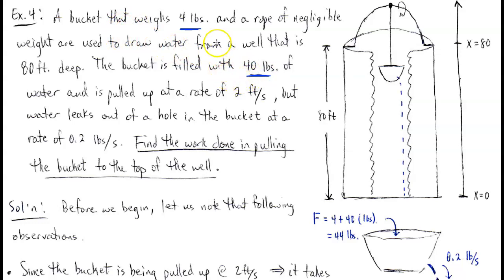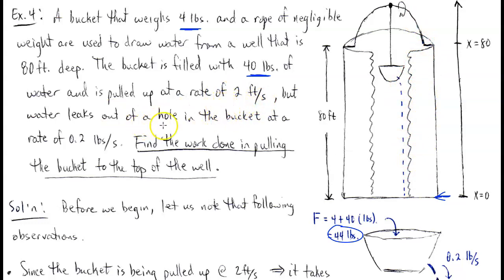Okay. So because of that, if the bucket is full, down here where we're ready to start to lift it up, it's going to weigh 44 pounds. So that's going to be the initial force that we're going to be dealing with. We also know that the well is 80 feet deep, and that's important because unfortunately we have a hole in our bucket.